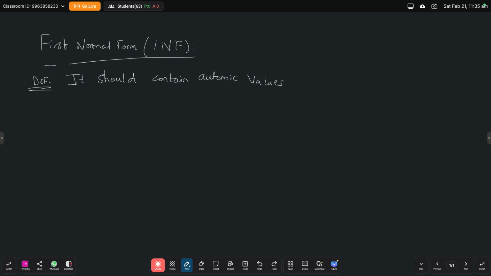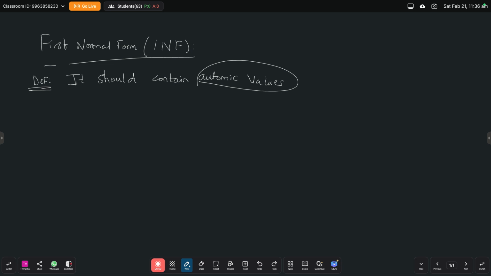Now you need to know what an atomic value is. Atomic means each row should contain only one value. It should not contain multiple values.